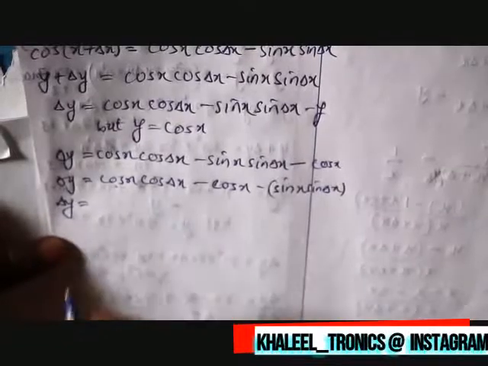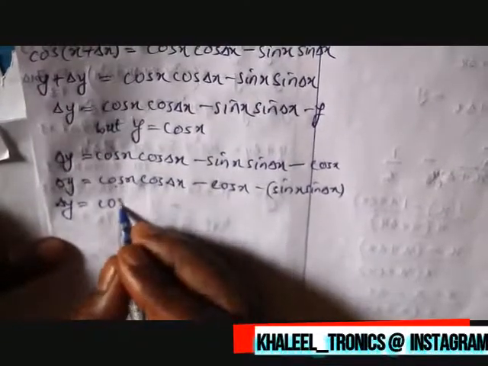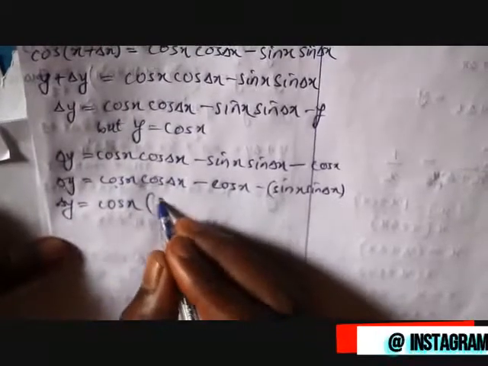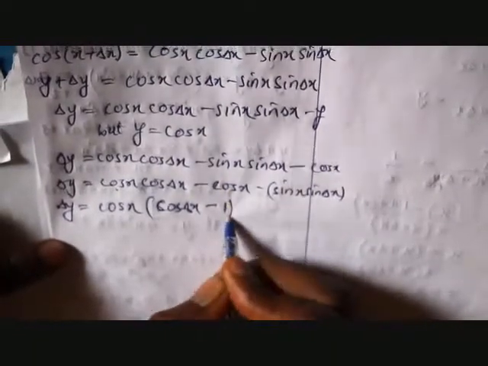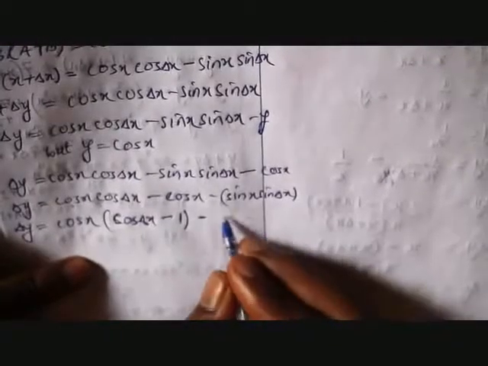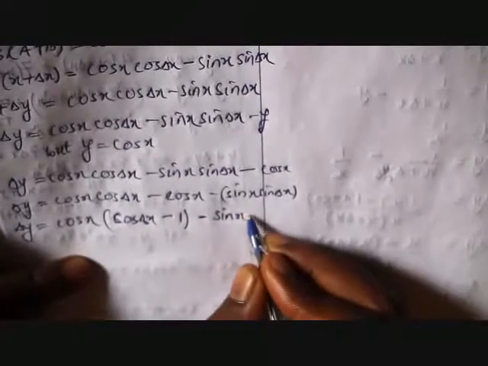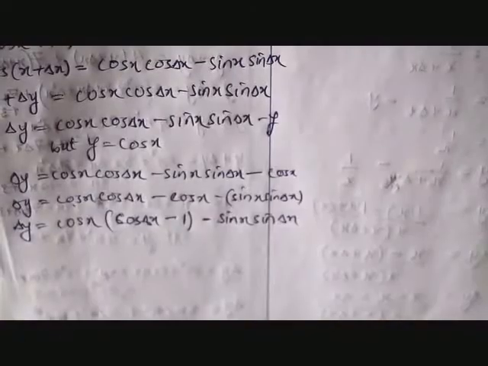Okay, so dy will be, factoring out cos x, cos x times (cos dx minus 1), minus sin x sin dx. So let's divide both sides by dx.